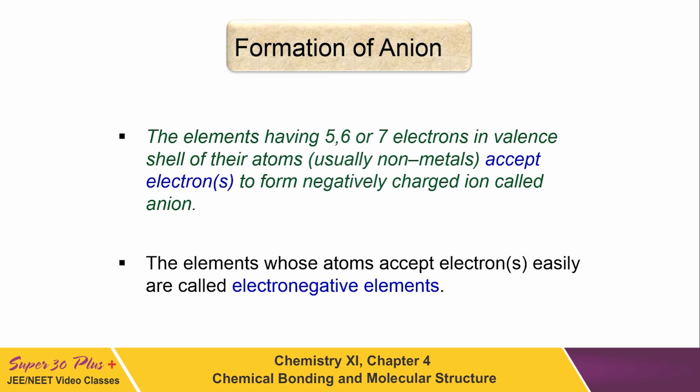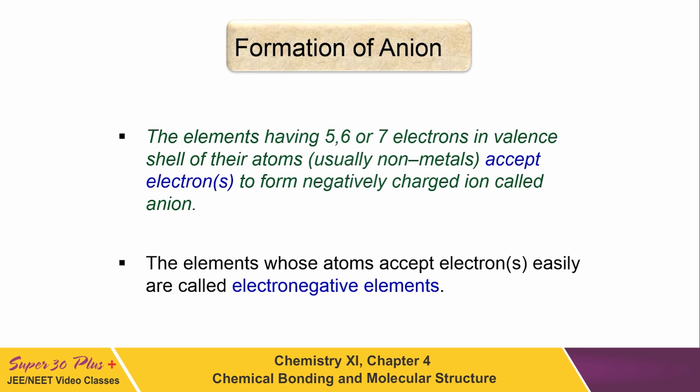Now what happens with the anion? What is the anion? Anion is a negatively charged species. Those species which have 6, 7 or 8 electrons in their outer shell have a tendency to gain electrons rather than donating electrons, because in order to complete their octet, these species would have to donate 5, 6 or 7 electrons, which seems quite difficult.